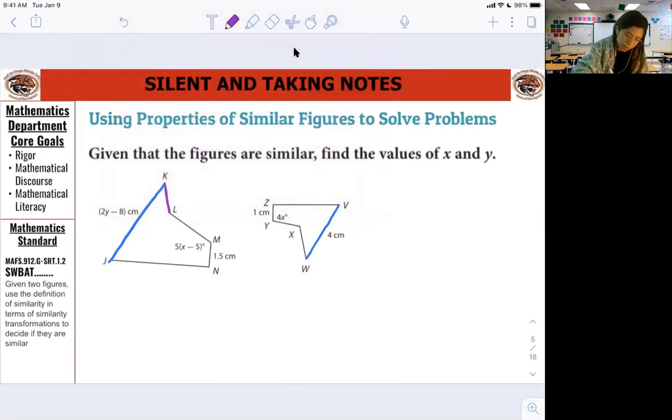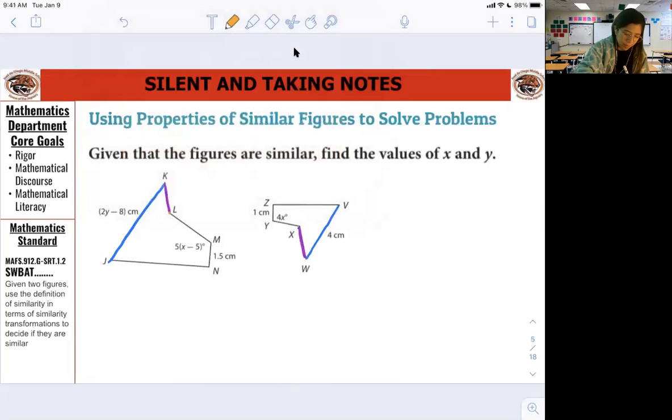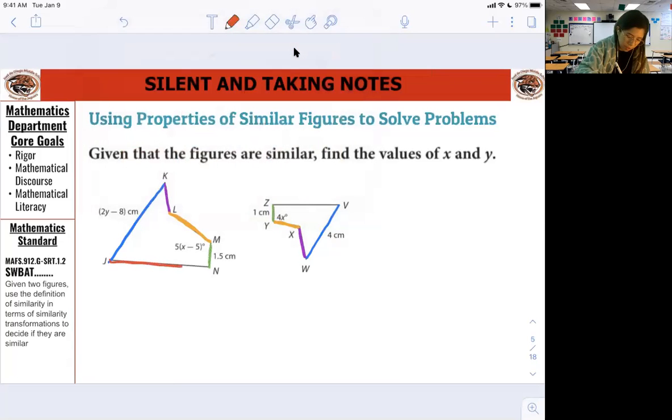WX. How about LM? XY. MN? Just keep it going. YZ. And JN. ZV.